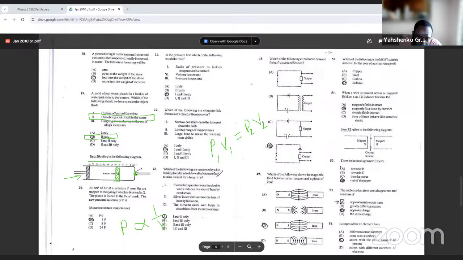So originally, the pressure was P, and it was times 24. I'm just going to write 24, right? And that is going to be equal to P2 and V2, which is going to be 8.